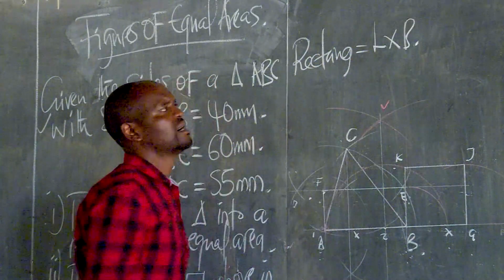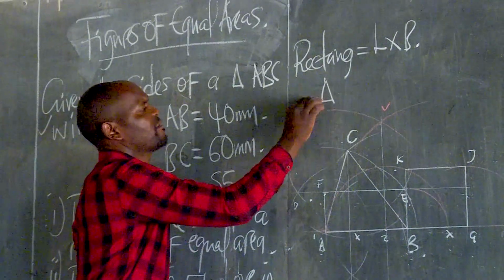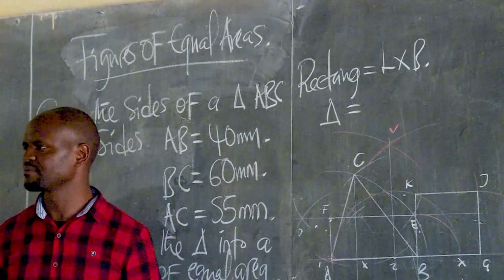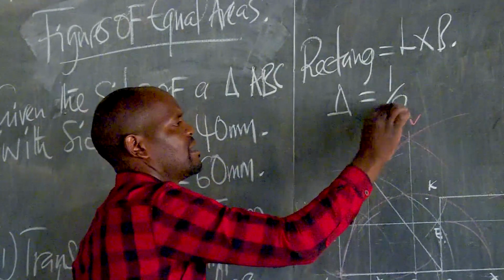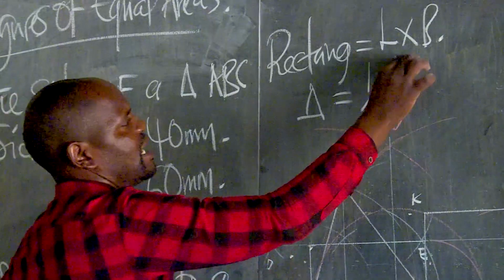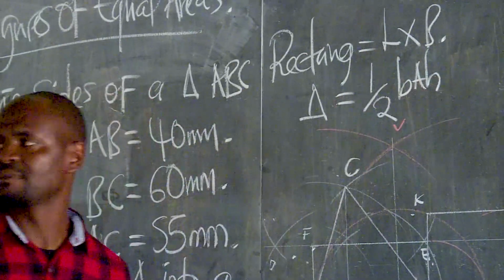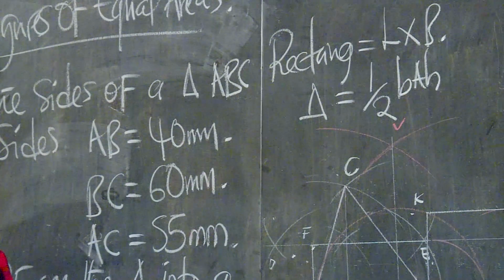Like that. And then for a triangle, what's the formula for finding the area for a triangle? Yes, Innocent. Half base times height. So half base times height, like this side. Yes, like that. Are we together? Yes, sir.